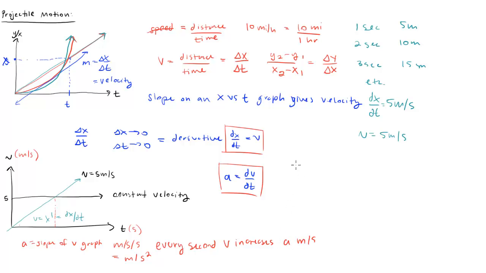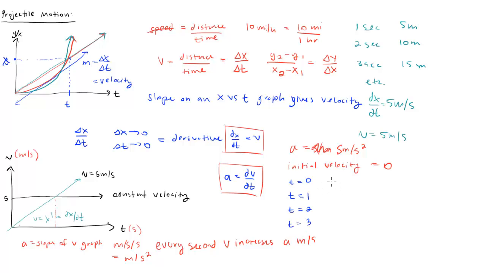So if my initial velocity is 0 and my acceleration is 5 meters per second squared, let's look at t equals 0, t equals 1, t equals 2, and t equals 3.